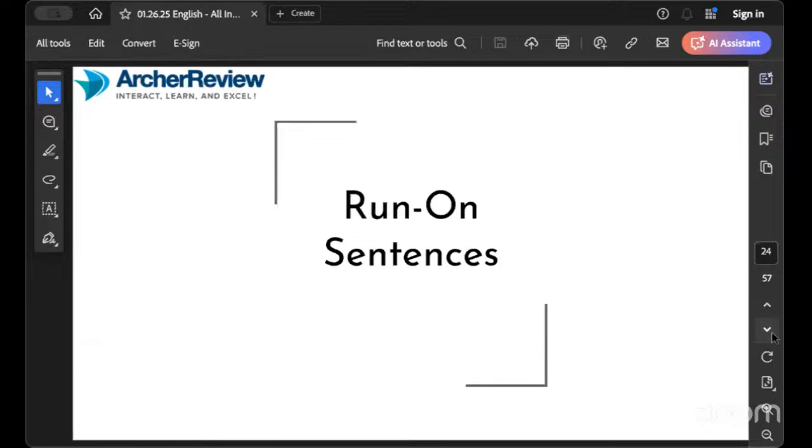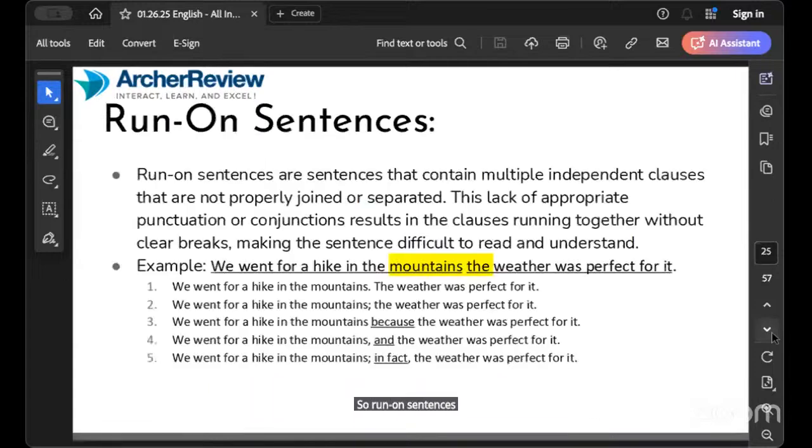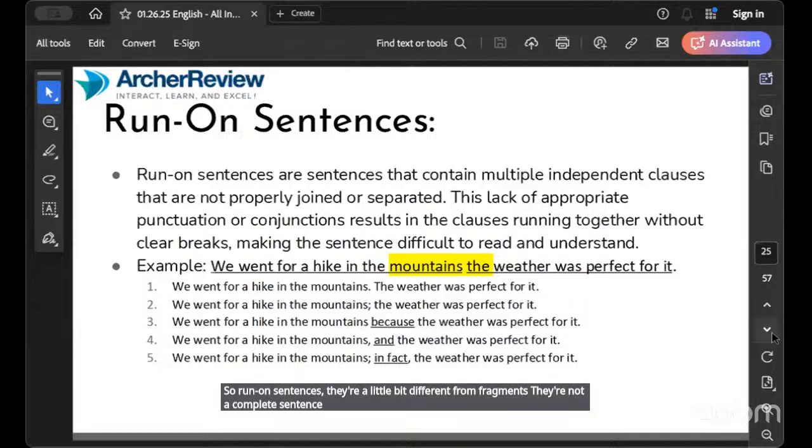All right. So, a while ago we talked about fragments and complete sentences. We're going to go back a little bit more to sentence structure and we're going to look at run-on sentences. Run-on sentences are a little bit different from fragments. With a fragment, you're missing information.